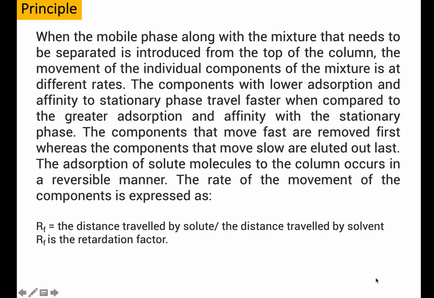The component with higher affinity to the stationary phase. Remember, the stationary phase is polar. The mobile phase is polar, non-polar or partially polar. So we can play with the polarity of the mobile phase, but the stationary phase has fixed polarity.